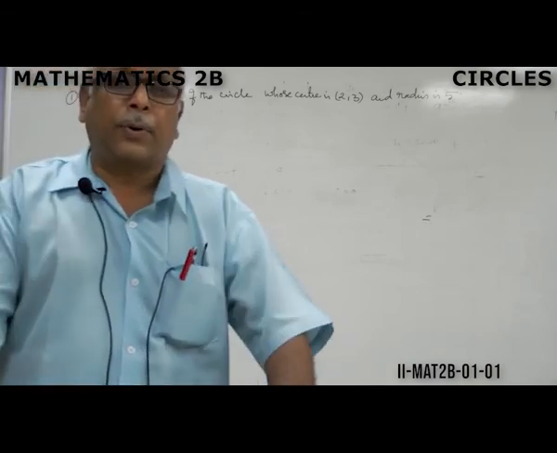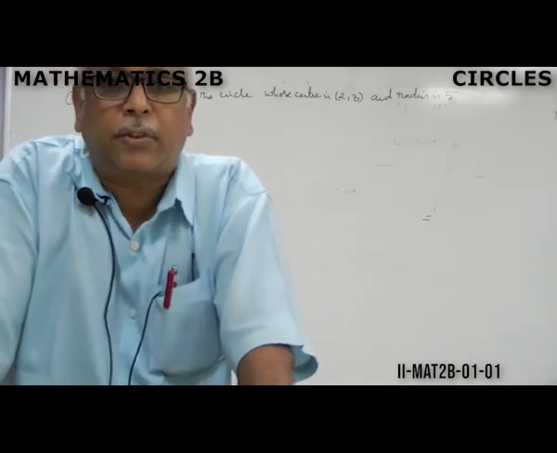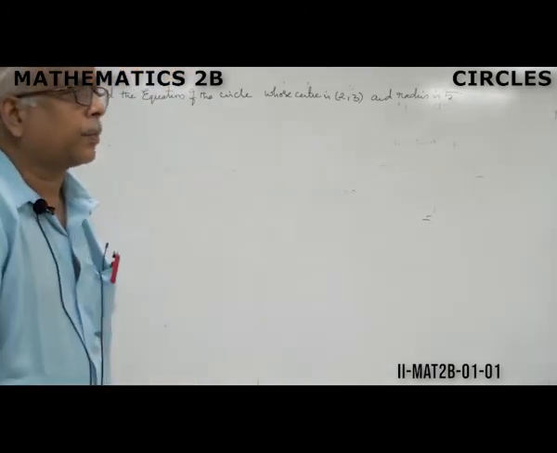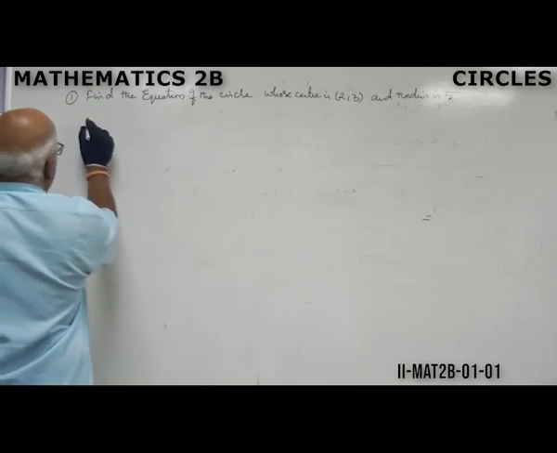What is the formula for the equation of a circle when the center is (a, b) and radius is r? Let us write down the formula.